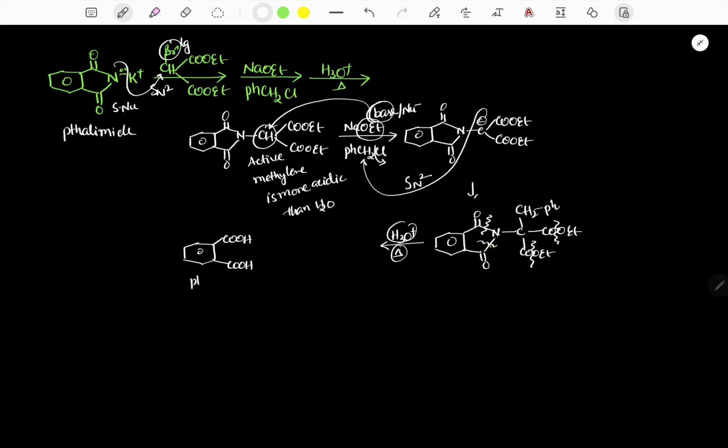It is phthalic acid. Now the remaining part is at nitrogen: NH2, C, CH2Ph, and this part COOH and EtOH, and this part COOH and EtOH.